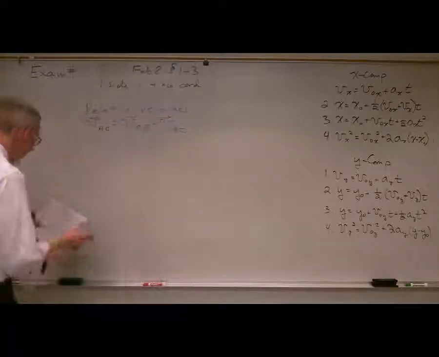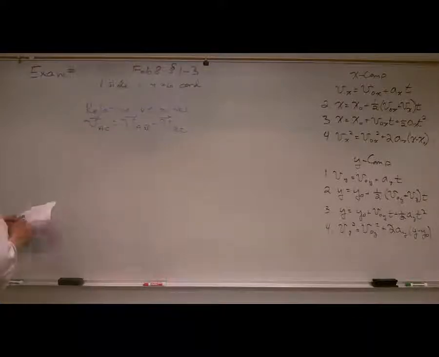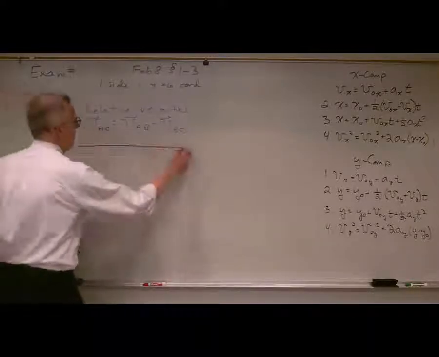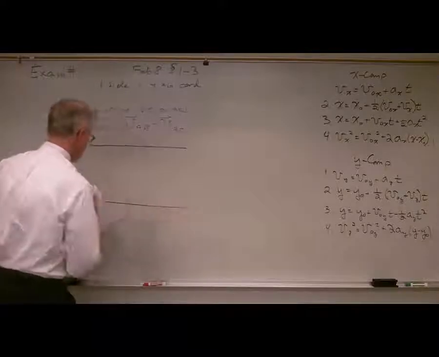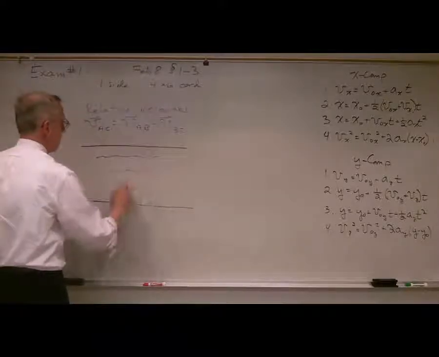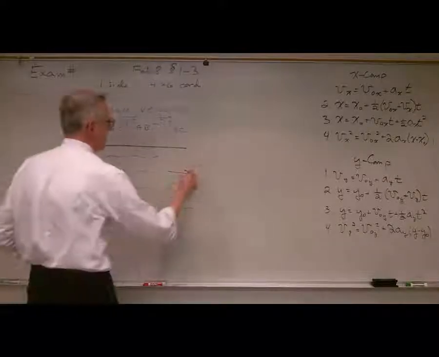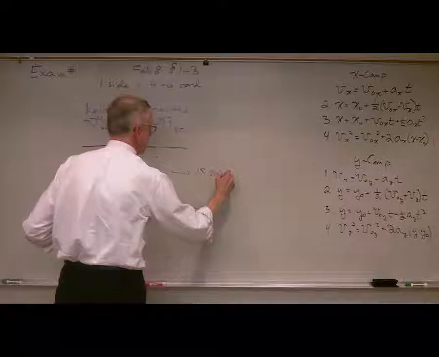Okay? Now, let's imagine that we've got a river, for example. So here's a river. We're looking at it from above, and here's the water in the river. And the water in the river, let's say, is flowing that way at 15 meters per second.